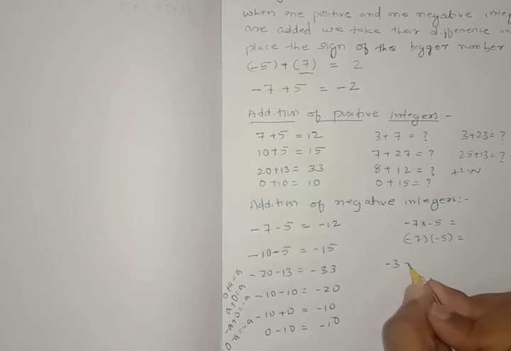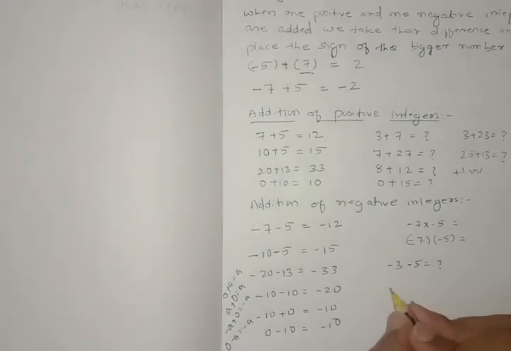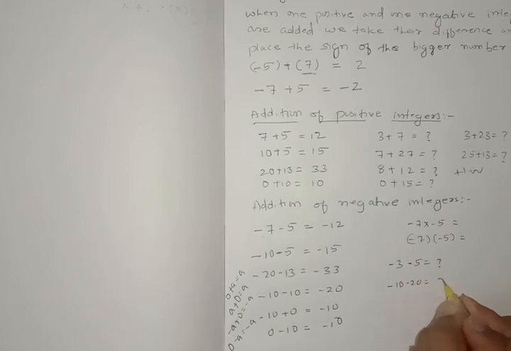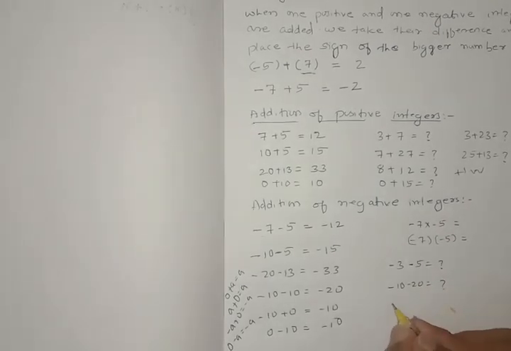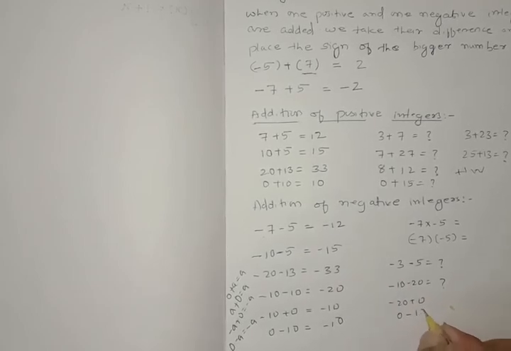Minus 3 minus 5. This is homework. Then minus 10 minus 20. Minus 20 plus 0. 0 minus 13.